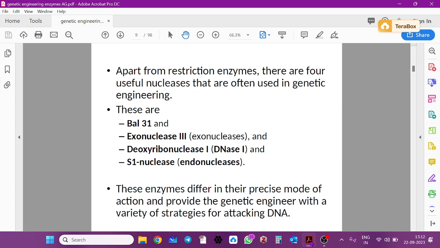And exonuclease, we have 5 prime, 3 prime. It will cut from the exterior. It will keep on chewing the DNA.